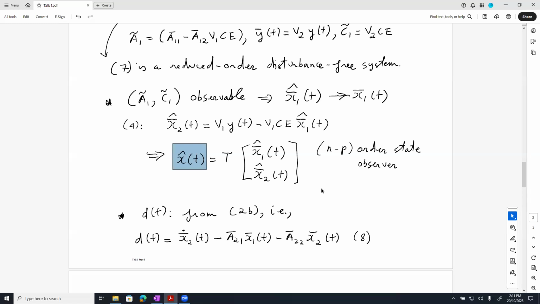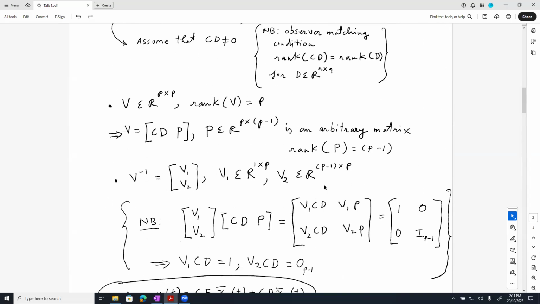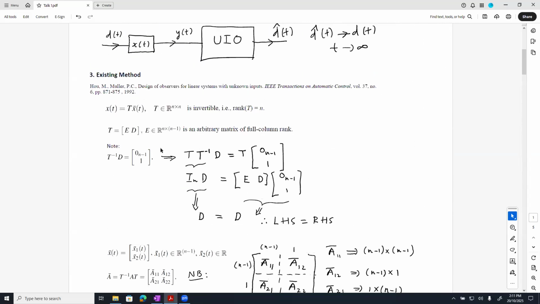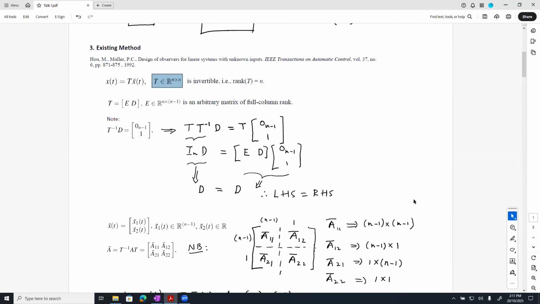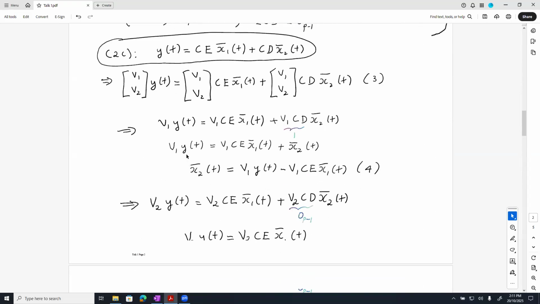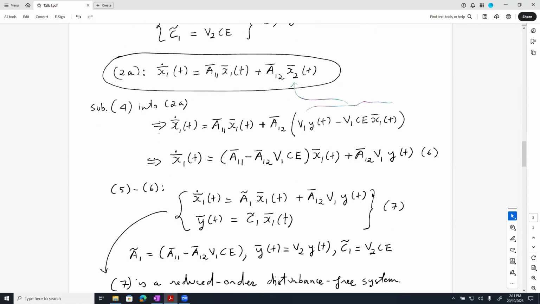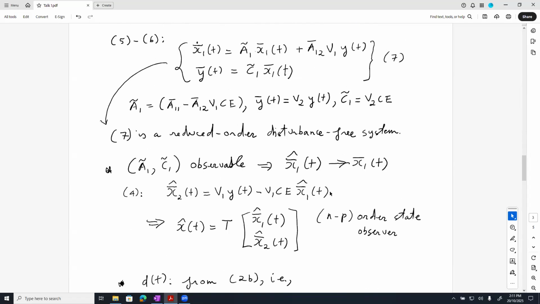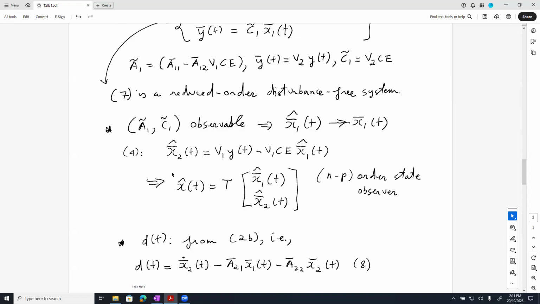It's a very elegant way. It involves the transformation matrix T. It involves the assumption, the observer matching condition, and it enables us to express x2 bar in terms of the output measurement and the reduced order vector. And so the entire state vector of the system can be estimated.